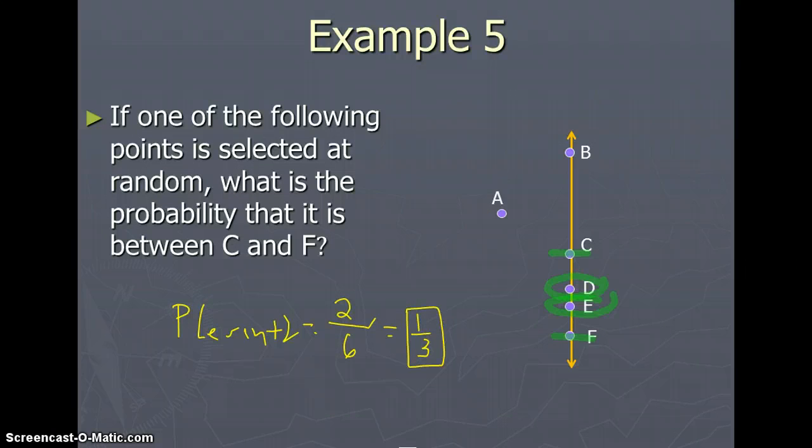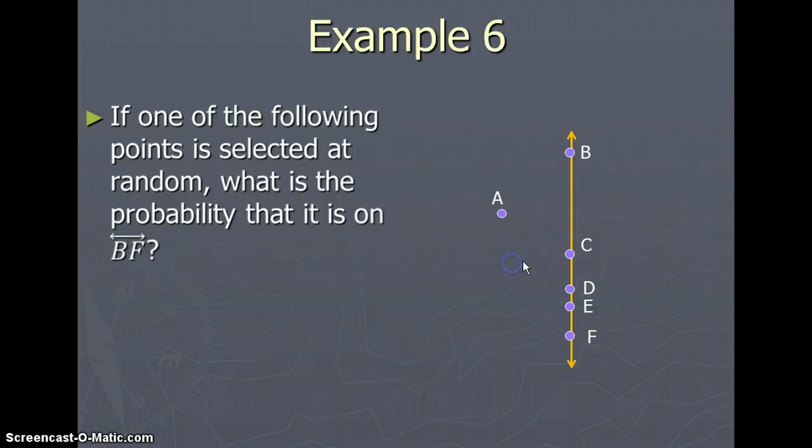Alright, one more quick one, and then we will be done with Chapter 1. This one we want to know what's the probability that the point is on line BF. So again, we've got our 6 points. We haven't changed that. The only thing we've changed is the question. We've got 1, 2, 3, 4, 5 points that are on BF, and the 6th one is not.